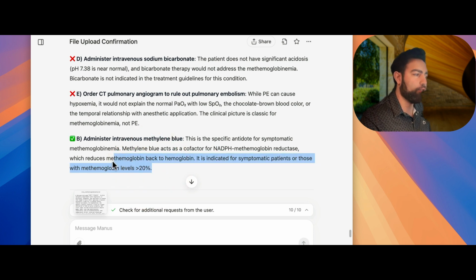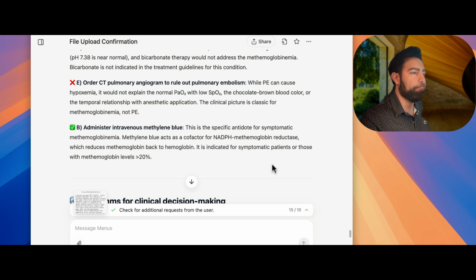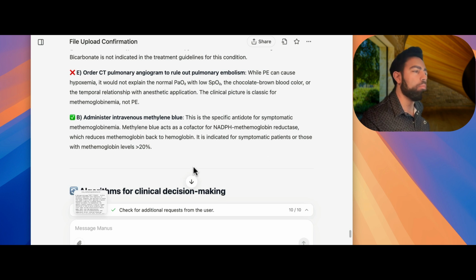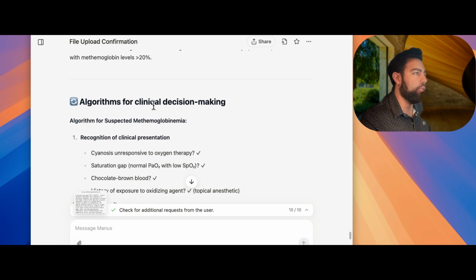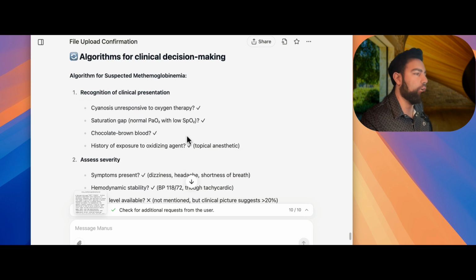This is also very important and you need to know that this level greater than 20% could be tested on boards, and they may give you methemoglobinemia that's not as significant, and you will not be using that medication if the methemoglobin level is not greater than 20% or the patient is not symptomatic, right?